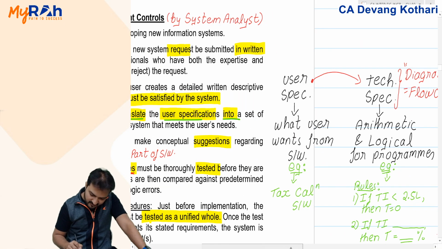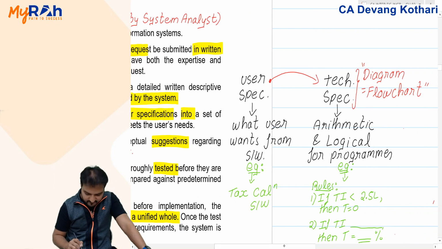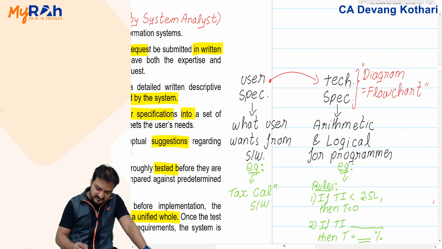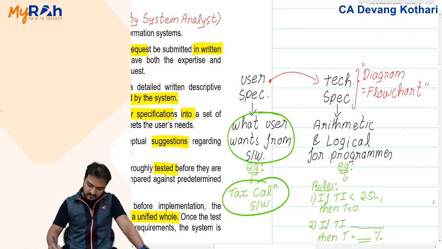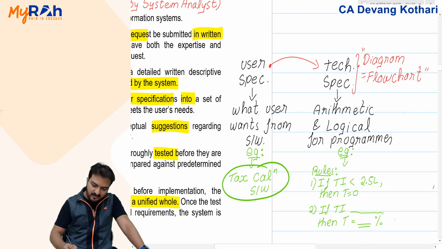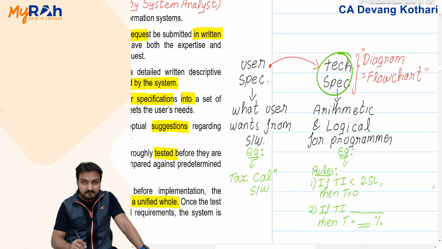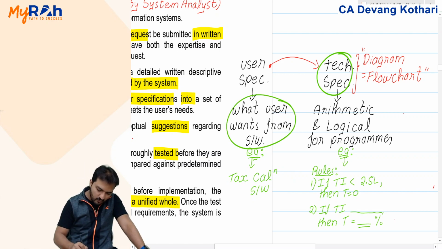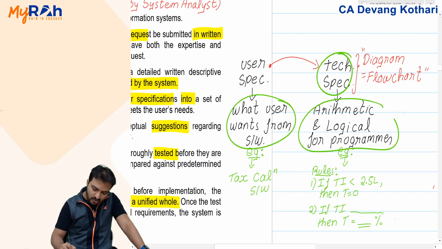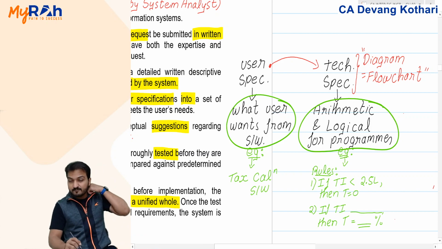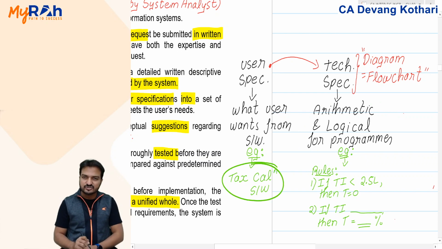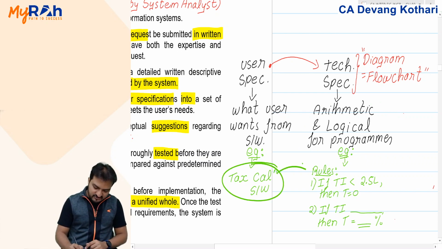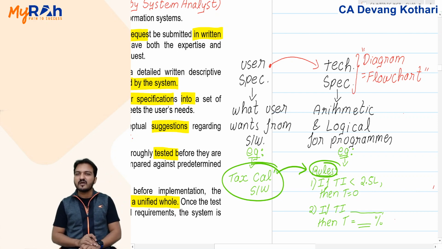I've given you an example like this: the user specification means what the user wants from the software. For example, he wants a tax calculation software, then the system analyst will convert that into technical specification, meaning he will convert what the user wants into arithmetical and logical instructions for the programmer. For example, the system analyst has to design rules regarding tax calculation.